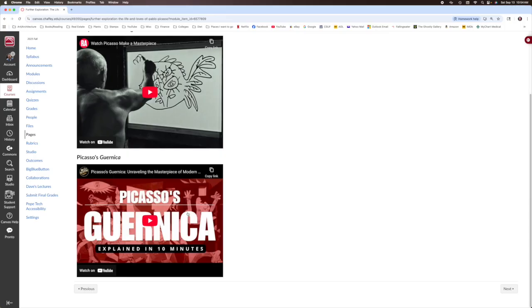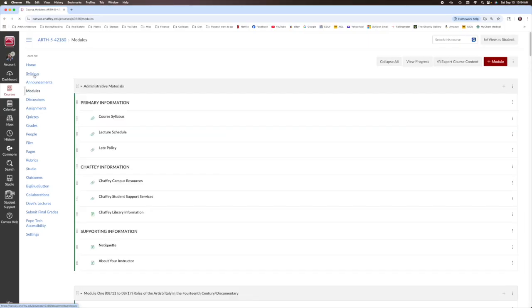It's about 10 feet tall and about 26 feet wide, if I remember correctly. It's a big painting. And it deals with a horrible incident from the Spanish Civil War of the 1930s. And so please watch that as well. I talk a little bit about that during the lecture, but not as immersive as that video is.